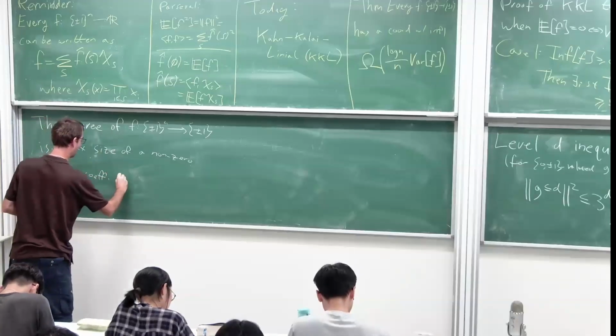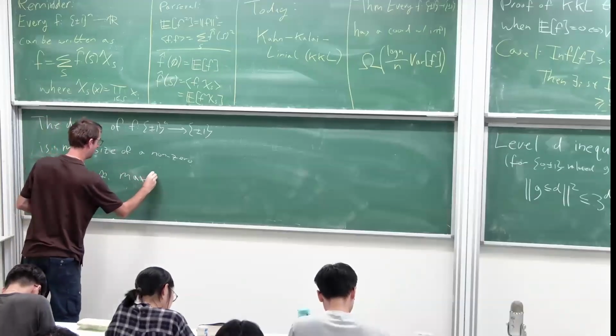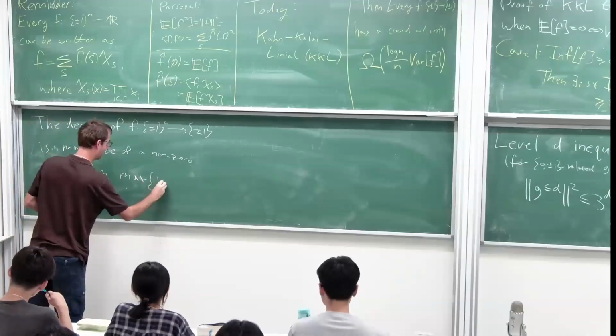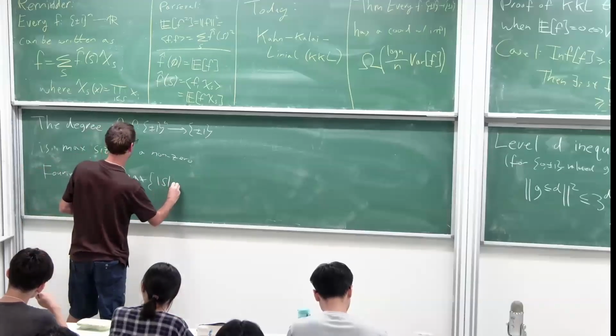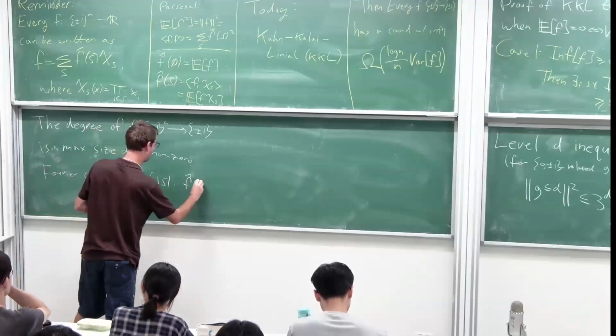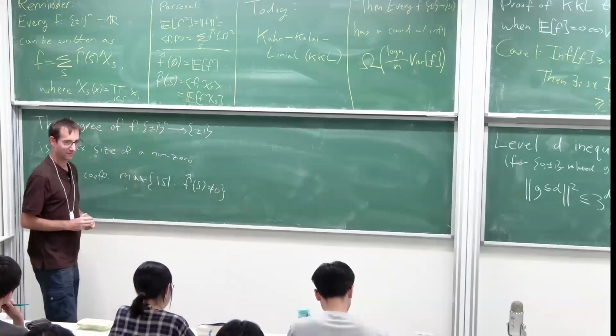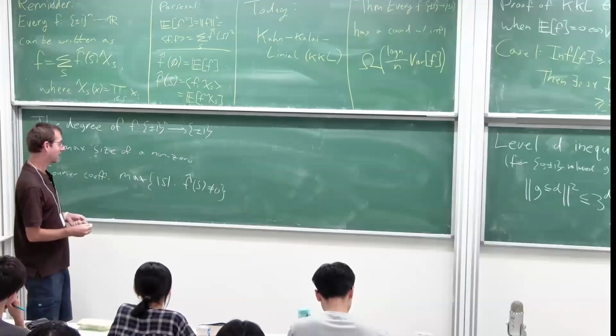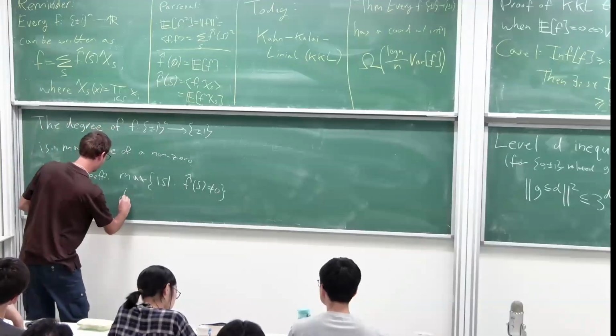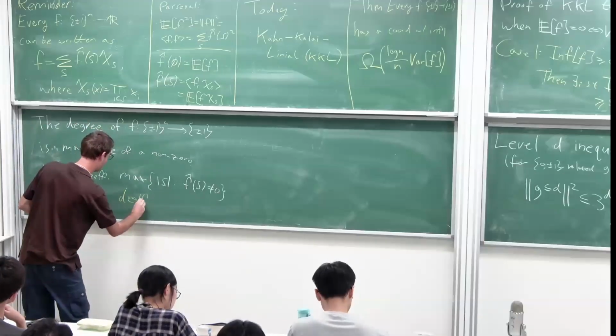So it's the maximum size of a set S such that f hat of S is not zero. This is denoted the degree of f.